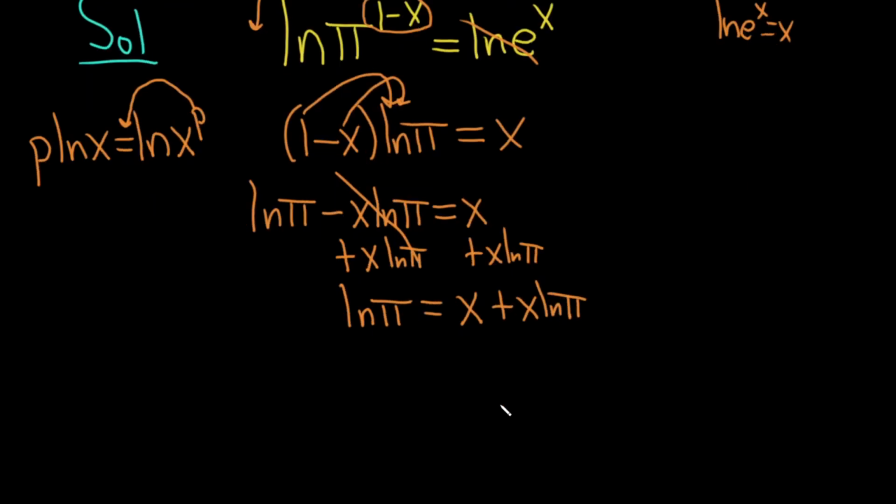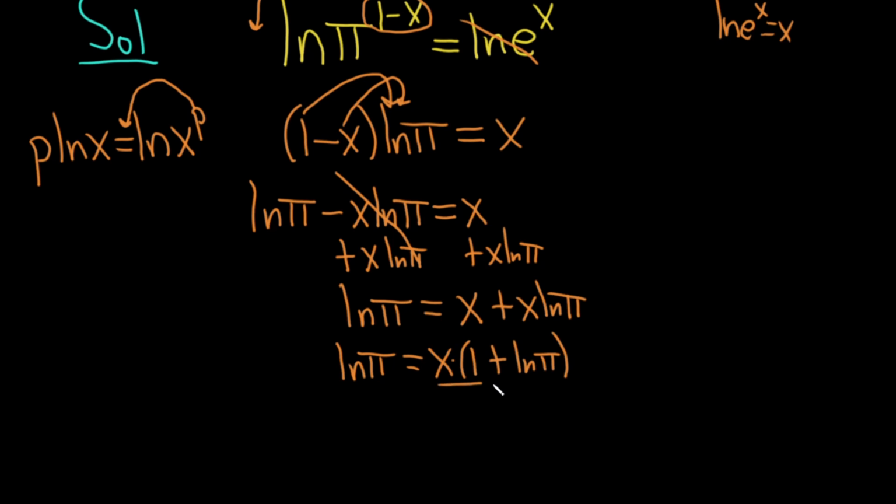So now what we can do is factor out the x from both terms on the right-hand side. So we have the natural log of pi equals x times parentheses, 1 plus the natural log of pi.